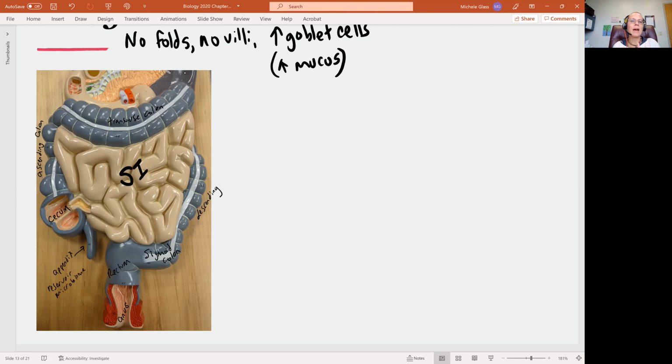So that if you have a gastrointestinal problem, you have diarrhea and you clean out your large intestine really quickly, you've done a lot of defecating, then you may still have some of these organisms taking up residence in your appendix that can then go back and repopulate the whole large intestine.